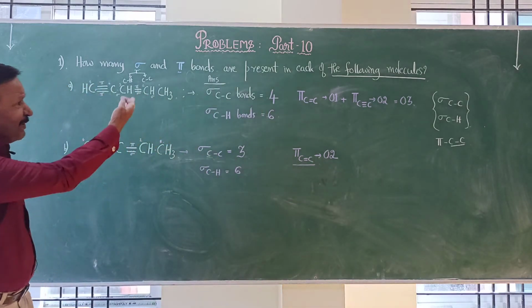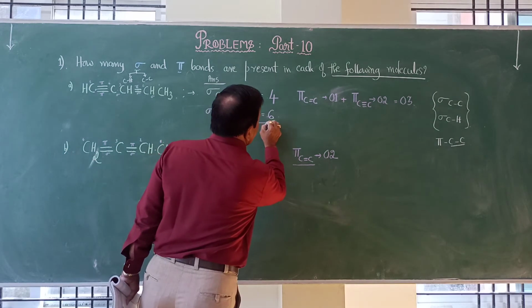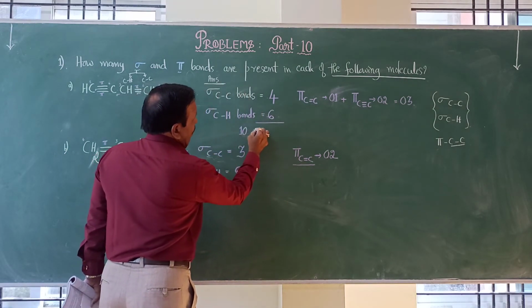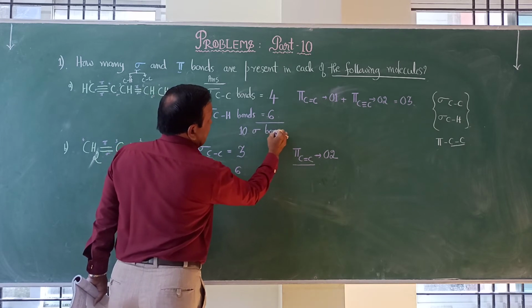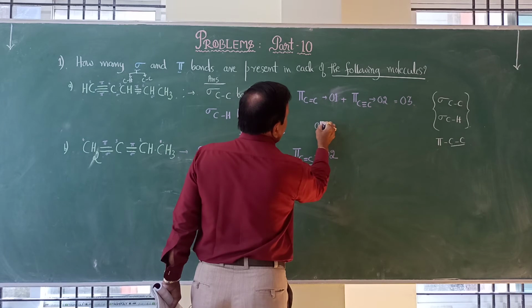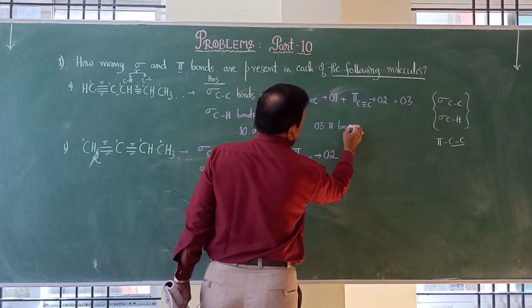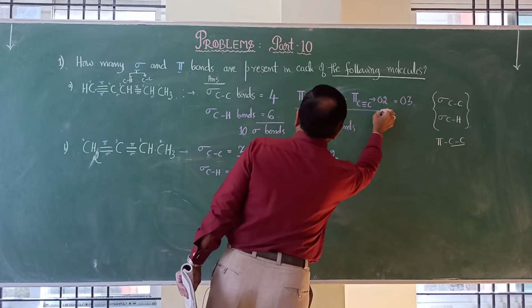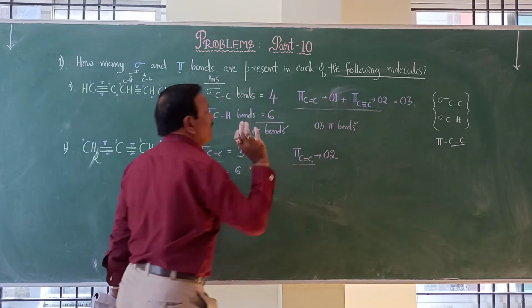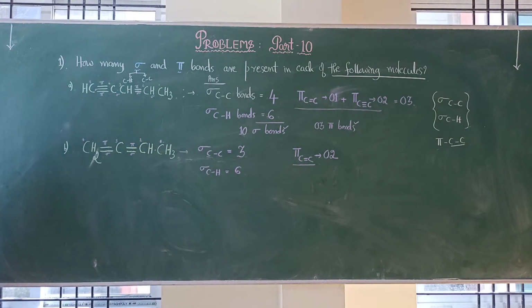If you don't want this much detail, generally in the examination they will ask, 10 sigma bonds, and you are having 3 pi bonds. That is more than sufficient for you. In the examination if you write 10 sigma bonds and 3 pi bonds, it is more than sufficient for the answer.